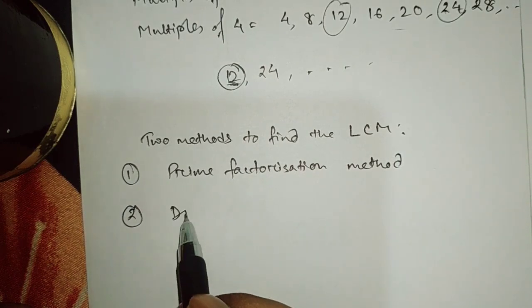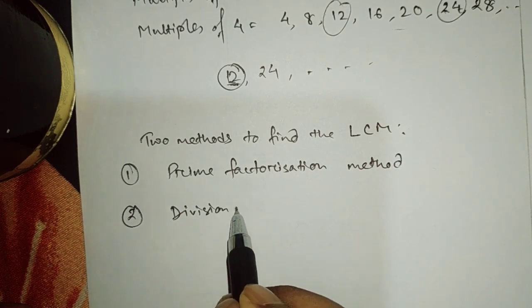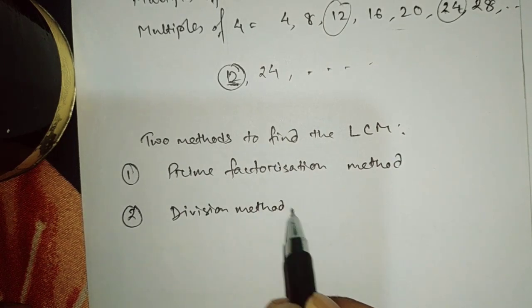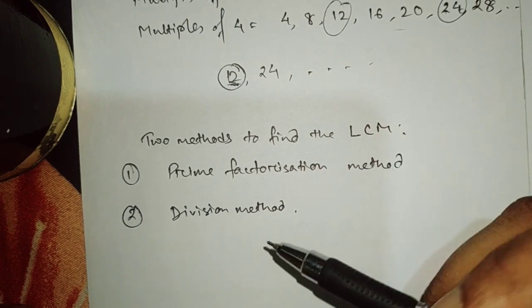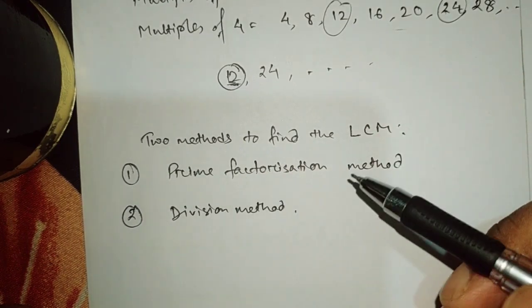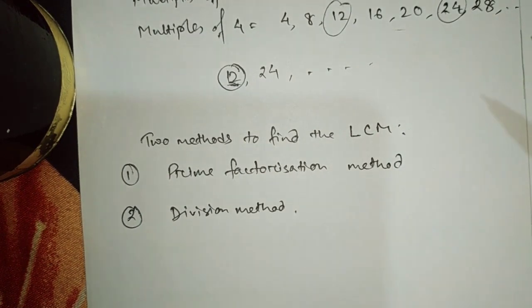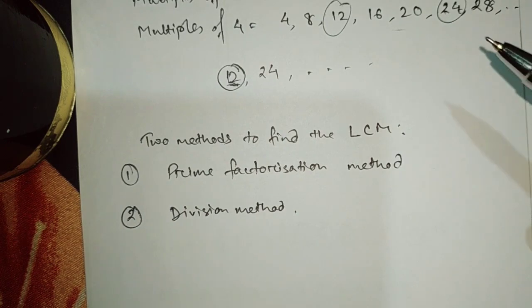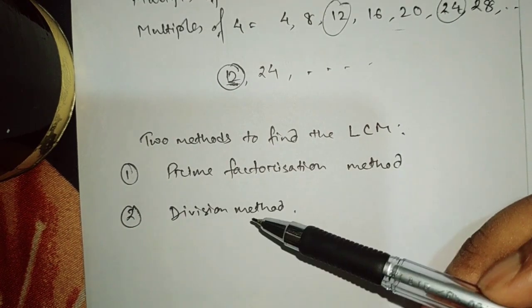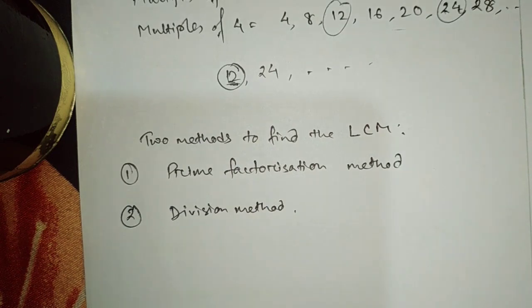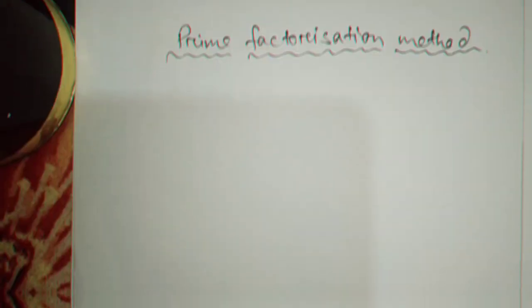Number two is the division method. So we have two methods. Prime factorization means after finding the prime factors, like we have done in the case of HCF, and in the second case by dividing the numbers. In this video we will discuss these two methods of finding LCM.